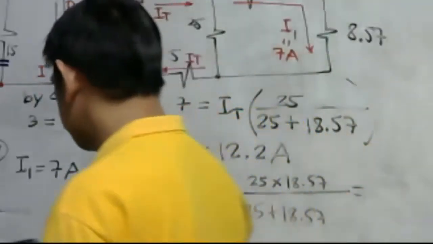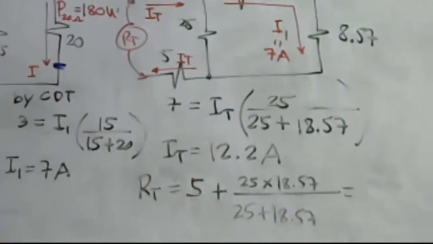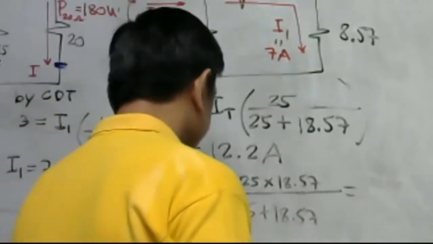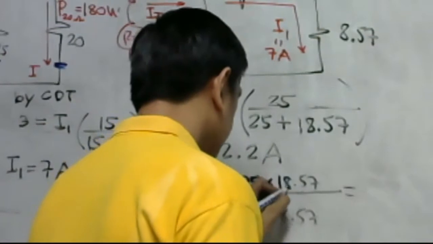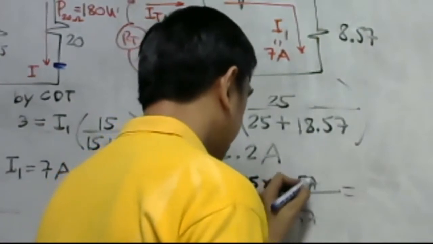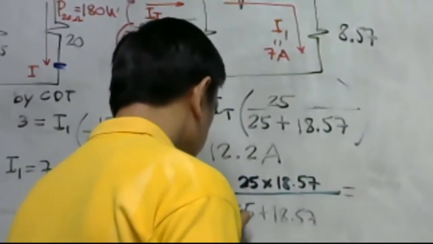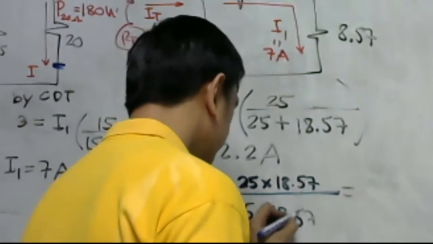Please focus our camera here so that they may see that. Let's make it clear, this one. So that is over 25 plus 18.57.